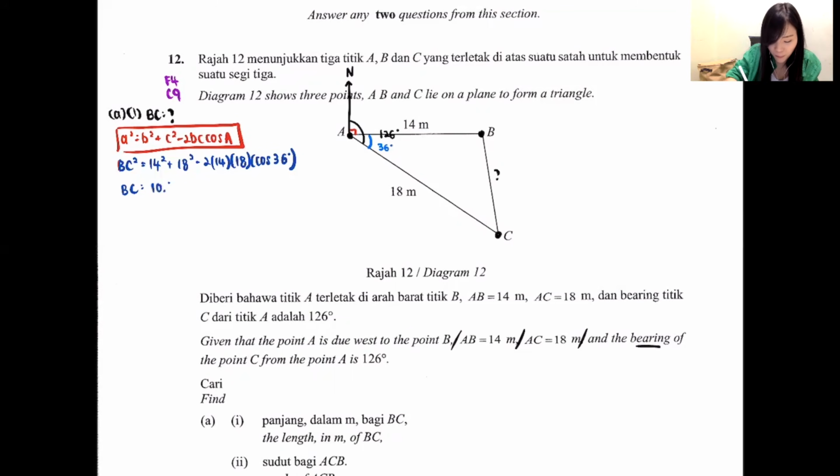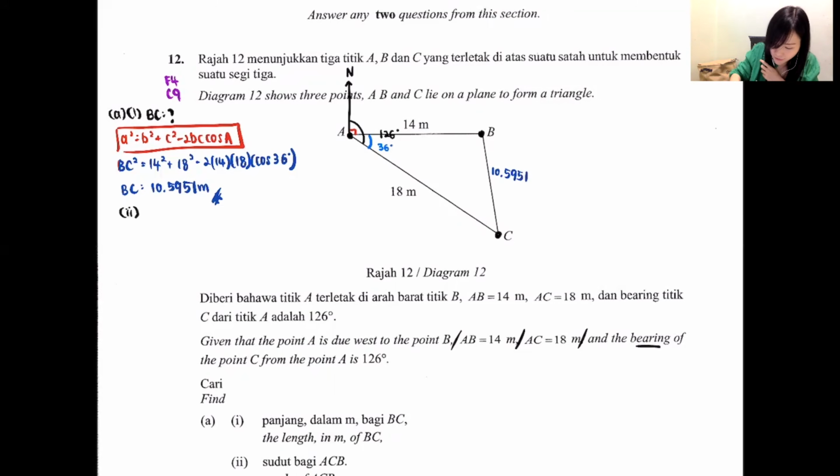I get 10.5951 meter. I just love to write 4 decimal places. So this one is done. Let's go on to the second part.